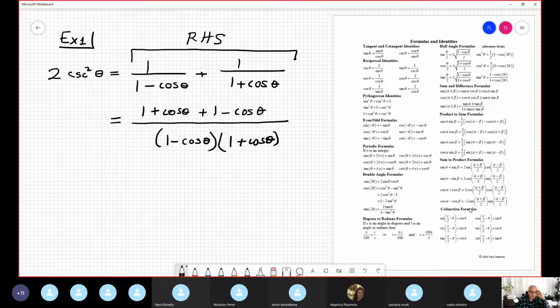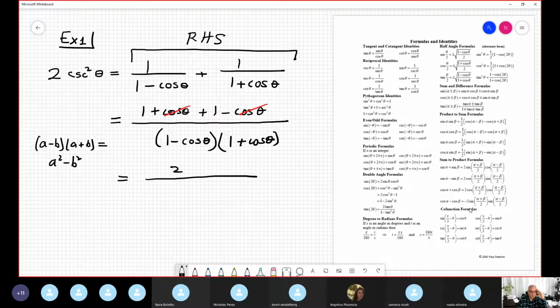Yes, Professor. Super. Now I see, wow, cosine positive and cosine negative cancel. And 1 plus 1 is 2. At least in the top, we have 2. In the bottom, you FOIL. Oh, no need to FOIL, because the shortcut to do this is, you know, A minus B times A plus B is equal to the famous A squared minus B squared.